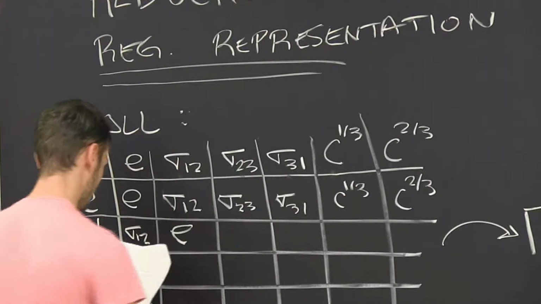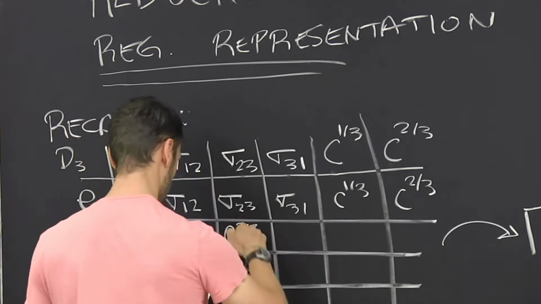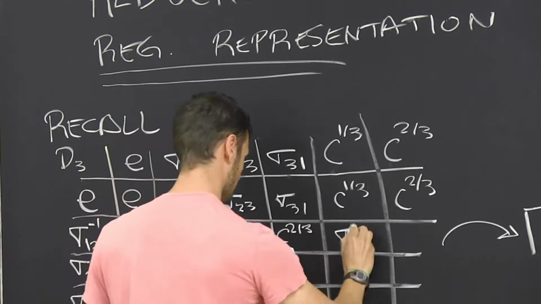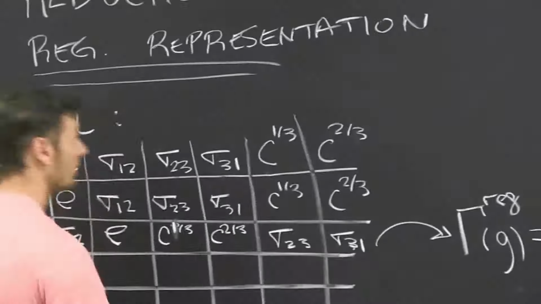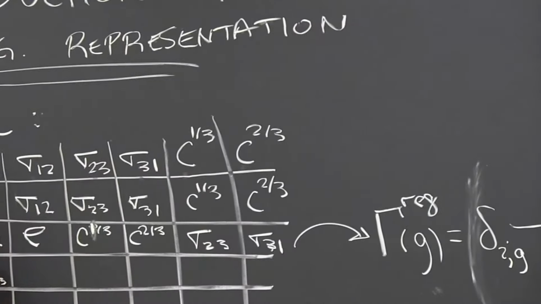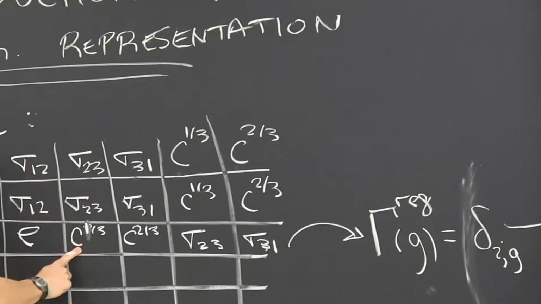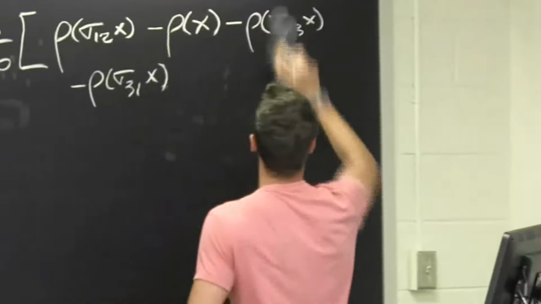This is E. Sigma, I guess it would be what? Sigma 1, 2 on sigma 2, 3 is C 1/3. So, thank you.